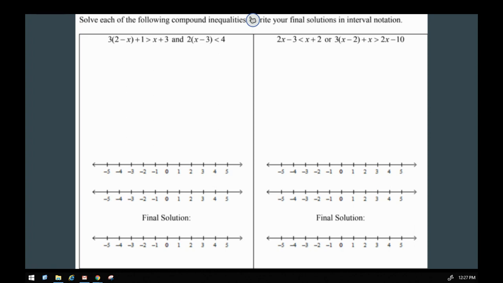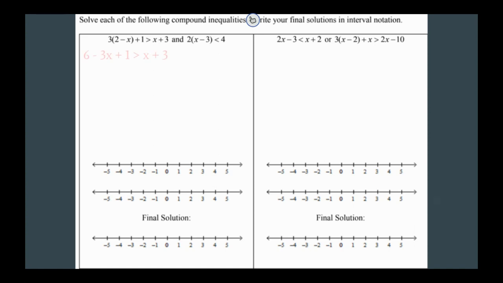3 times 2 is 6. 3 times negative x is negative 3x. So 6 minus 3x plus 1 greater than x. Combine your like terms: negative 3x plus 7 greater than x plus 3.